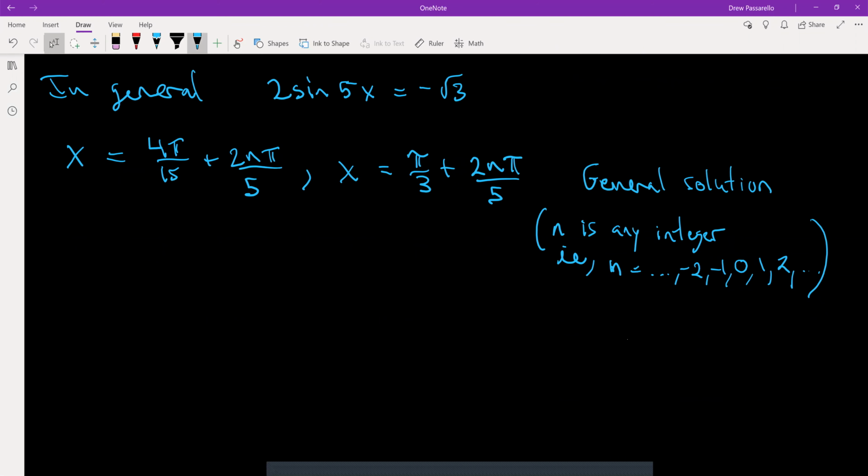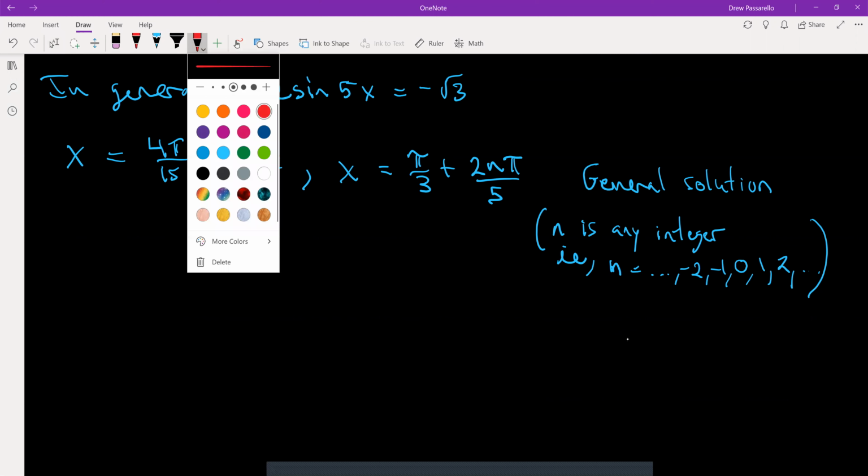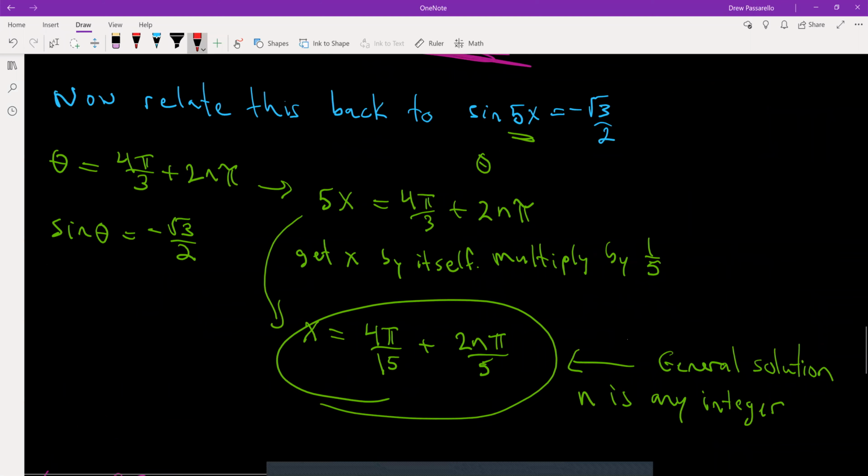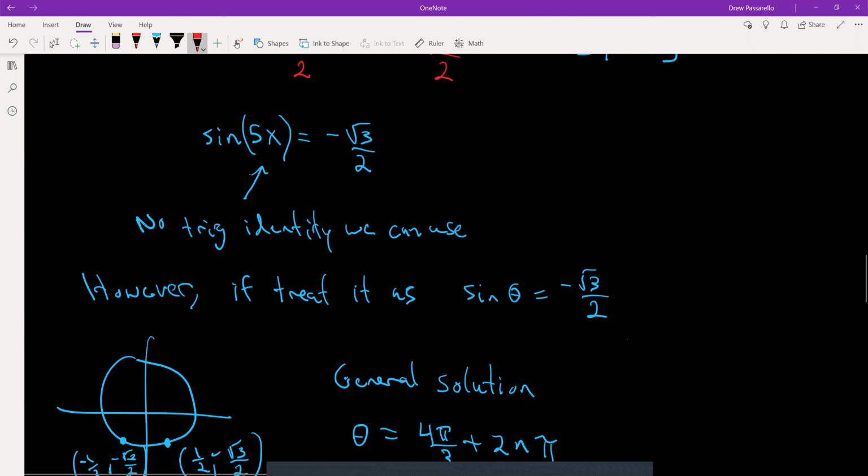Now to bring it down to the particular solution, or the specific solution, because our interval in the question was 0 to 2 pi.